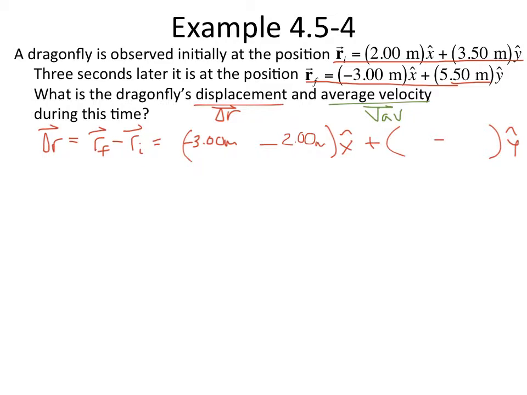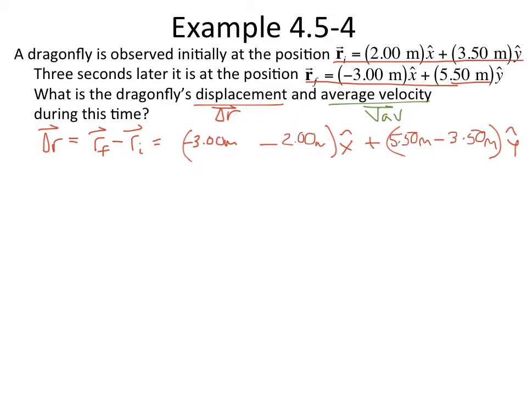That's a poorly drawn minus sign in between there, but that's subtracting. And then we do the same thing for our y hat: 5.50 meters minus 3.50 meters, a subtraction in the y hat direction.